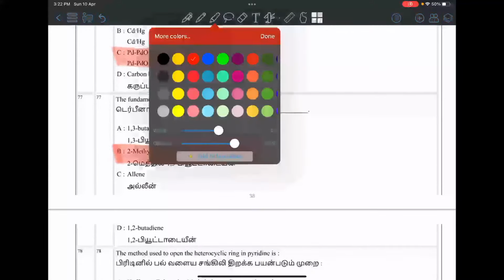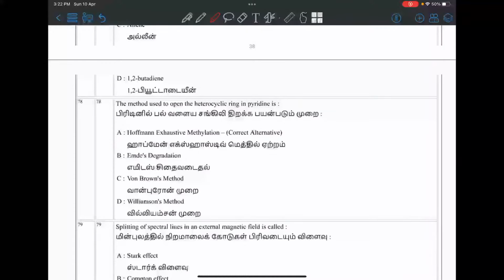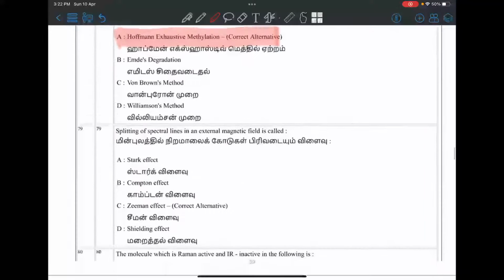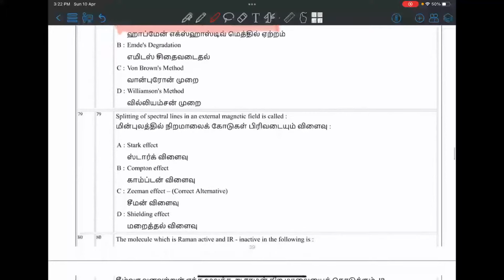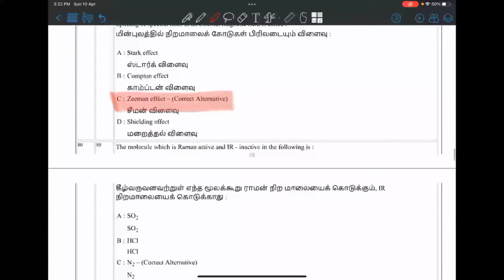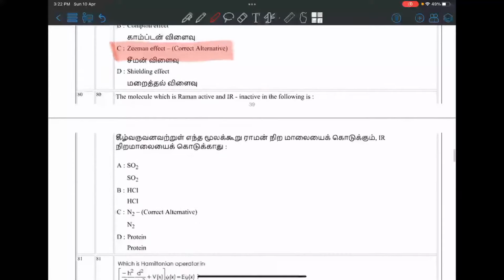Next question. The method used to open the heterocyclic ring in pyridine is Hofmann exhaustive methylation. Splitting of spectral lines in an external magnetic field is Zeeman effect. The molecule which is Raman active and IR inactive in the following is N2.